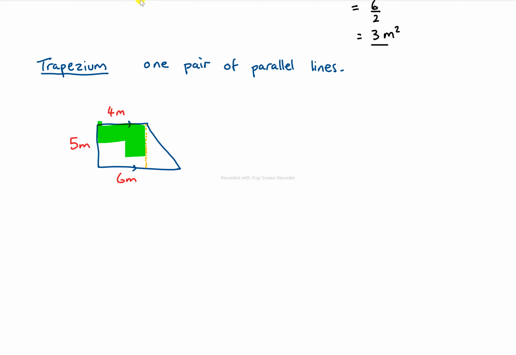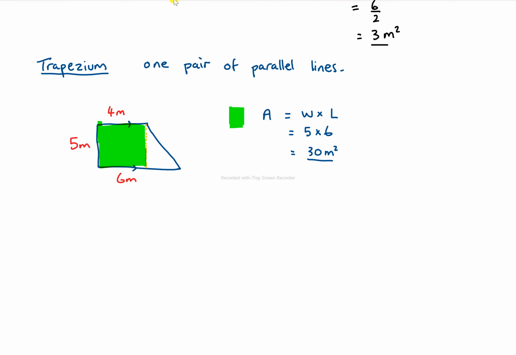This area. So we worked out the area of the square. So the area is width times length, 5 times 6, and that's 30 square meters or meters squared.